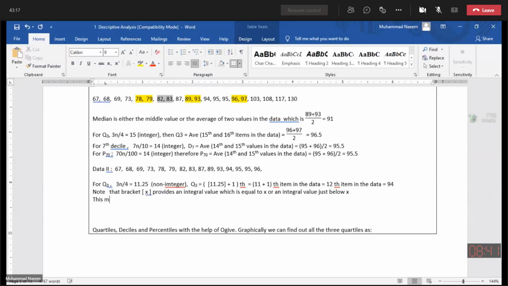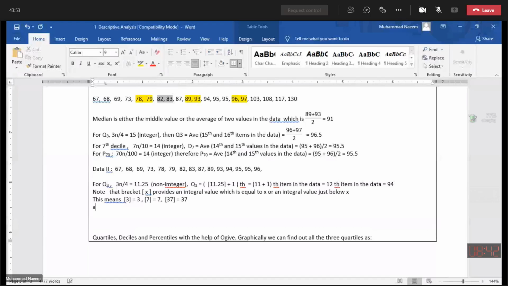It means the bracket function of 3 is 3, bracket function of 7 is 7, bracket function of 37 is 37, and now the other case.